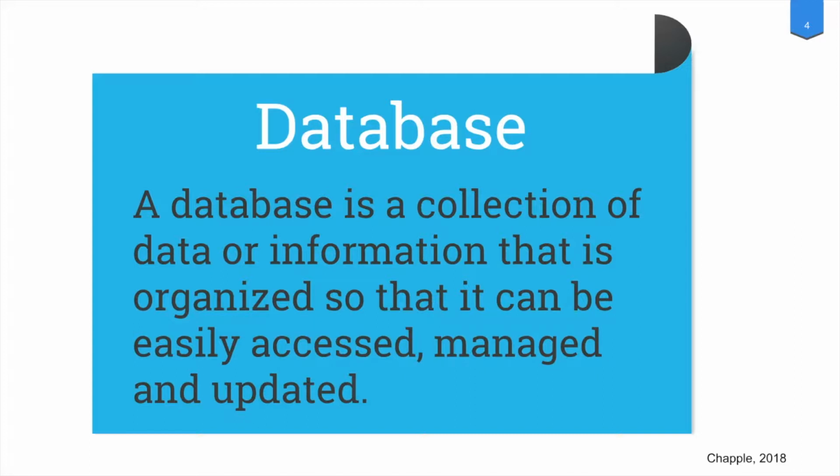More specifically, in computing, a database is an electronic system that allows data to be easily accessed, manipulated, and updated. In other words, a database is used by an organization as a method of storing, managing, and retrieving information.